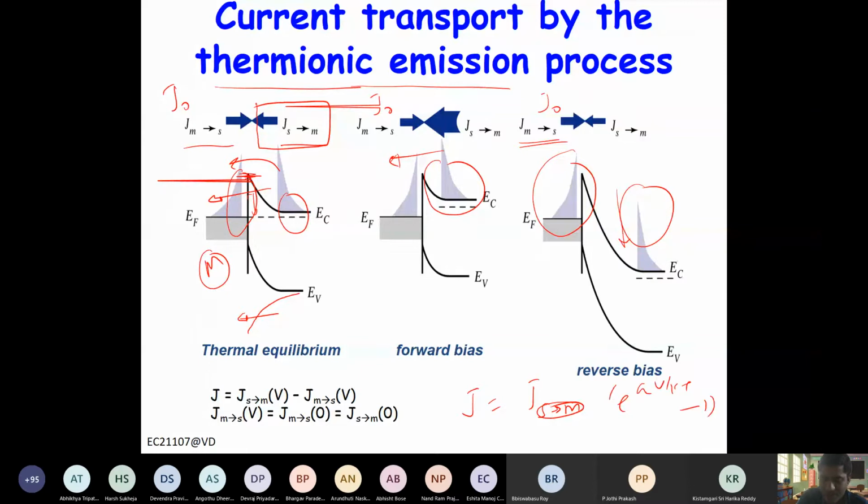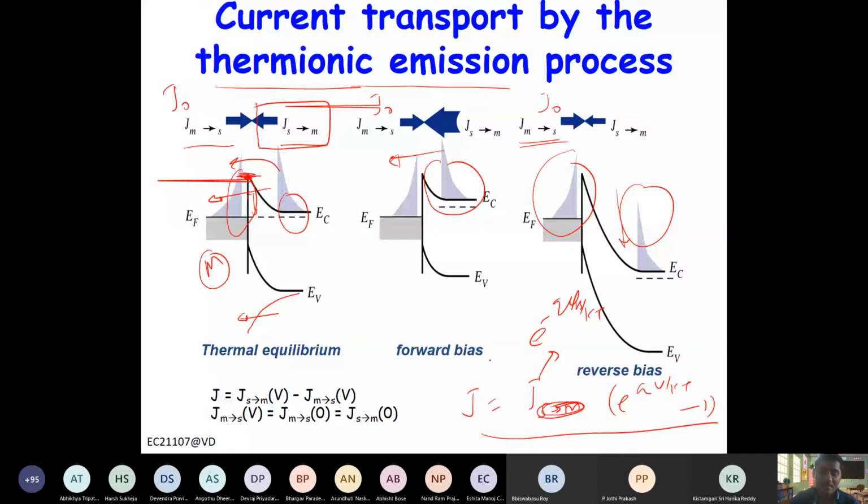So its form will be the same as the PN junction diode current. This J naught, or saturation current, will depend on the barrier, so J naught will have a factor of e to the power minus q phi b by kT and some coefficient. So this is the expected form.